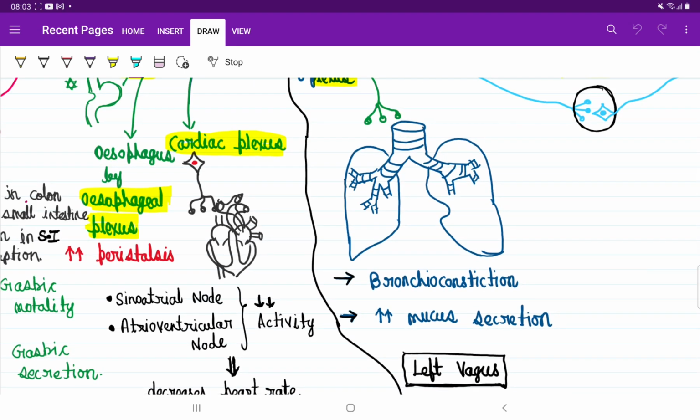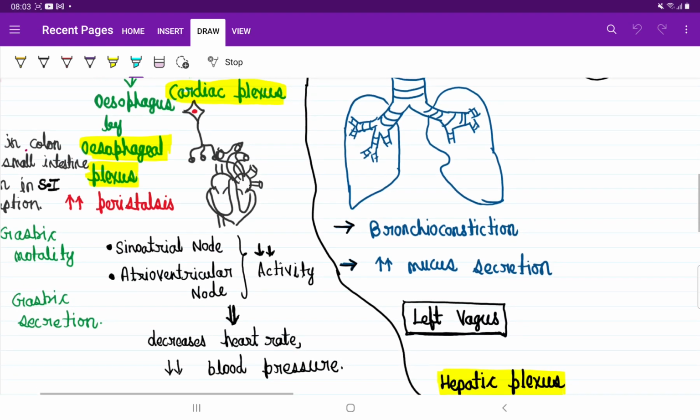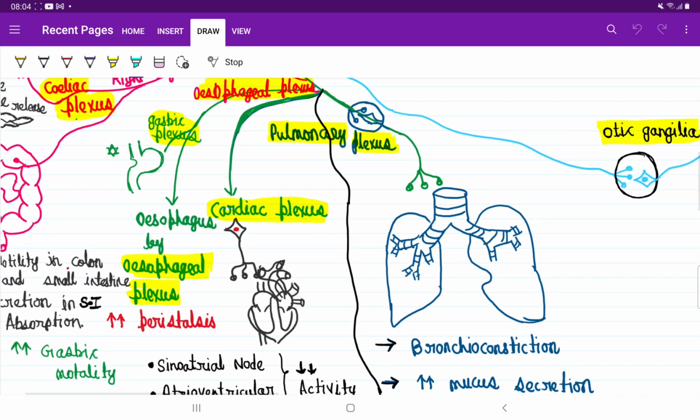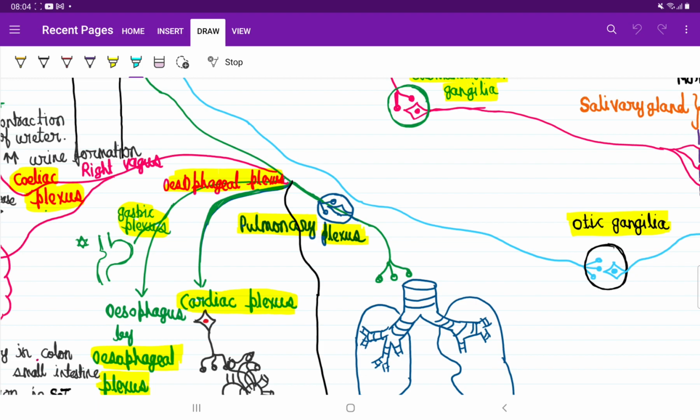So what will be the effect of the cardiac plexus on the heart? Whenever our heart activity increases due to sympathetic neural supply, they suppress the heart activity by decreasing activity of the sinoatrial node, atrioventricular node, and force of ventricular contraction, and decrease blood pressure and heart rate also. Fine. And again it comes back to normal.